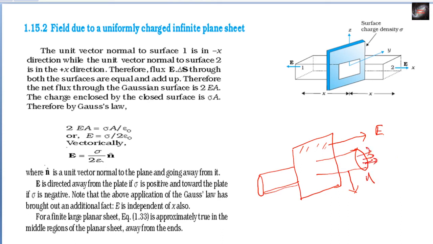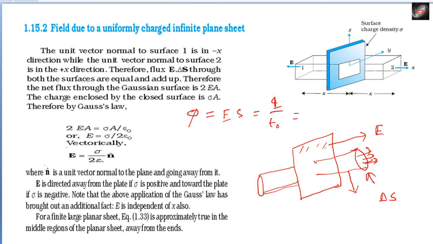So let us consider the area of this surface is delta S. According to Gauss's law, we can write phi equals E into S equals Q enclosed divided by epsilon naught. Now what is the value of Q?